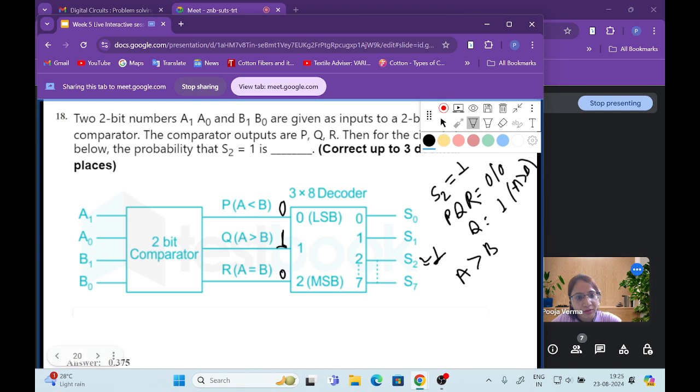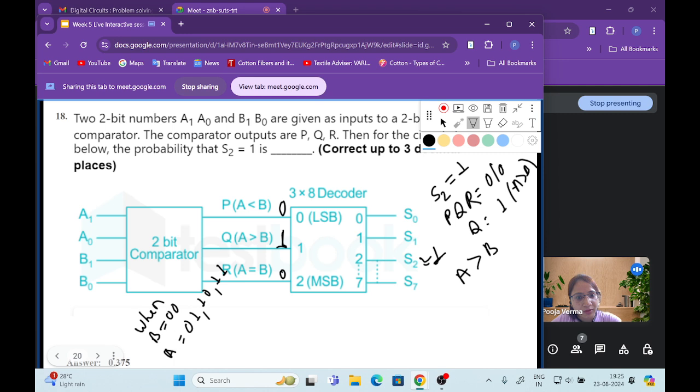So let's see when A will be greater than B. What will be the cases? So first case is when B is 0, 0, and A is 0, 1, 1, 0 or 1, 1.